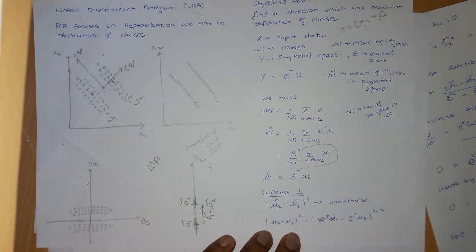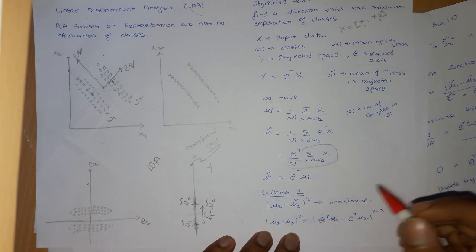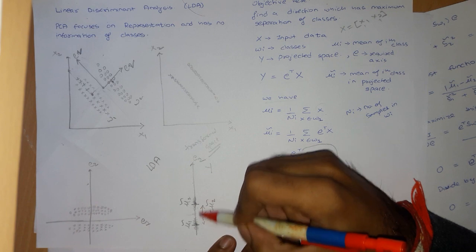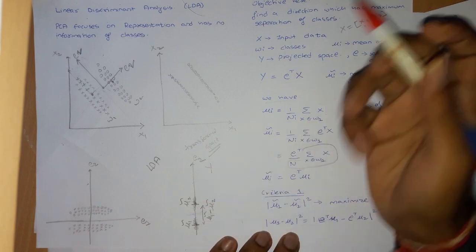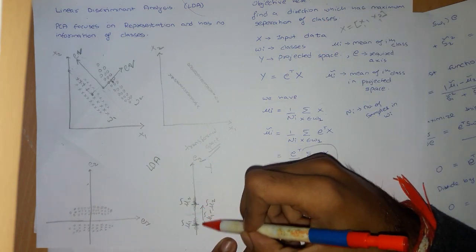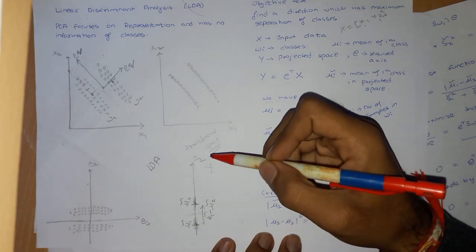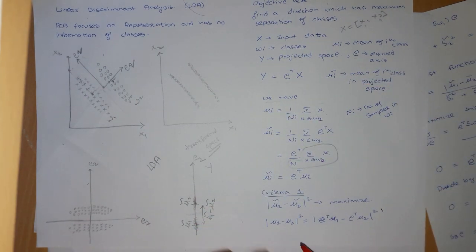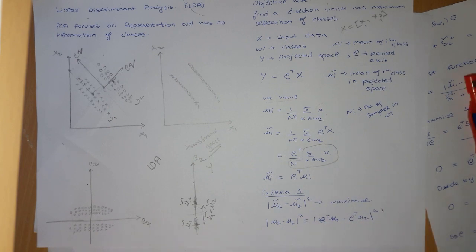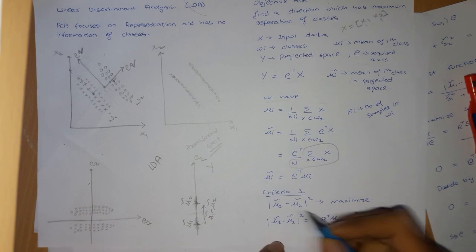It is very easy to avoid that using the square. And if I want to maximize this, I can also maximize the square and get the same thing. So maximizing this distance or maximizing the square does not make a difference.